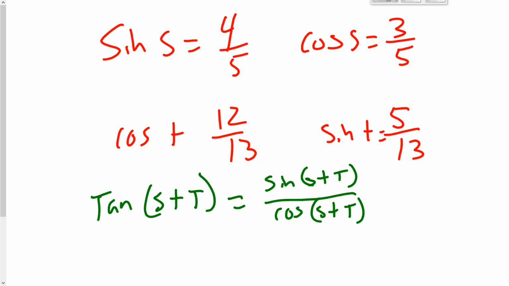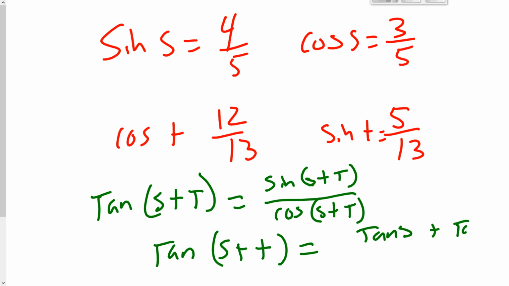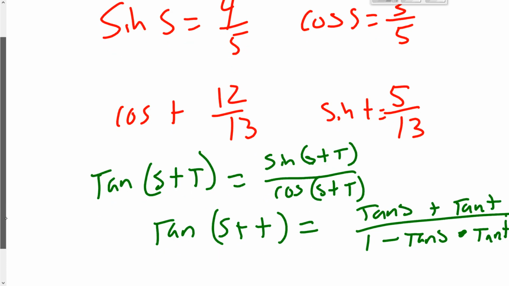So you could do it this way, or another way is to use the formula, which is probably the way they want you to do it. That would be the tangent of s plus the tangent of t, over 1 minus tan s times tan t. So that's the proper way, but you could do it this way, and we could figure that out.